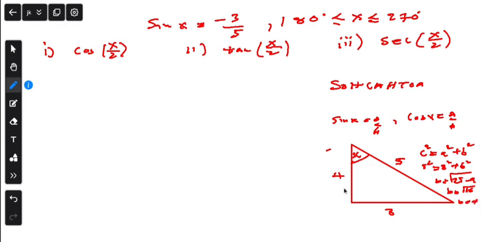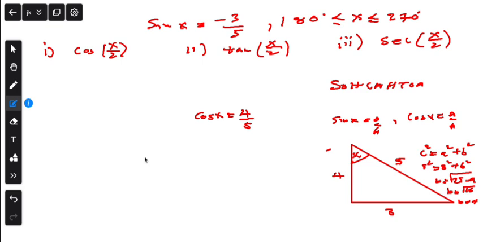So this is where this 4 is coming from. So from here, cos x is going to be equal to the adjacent, which is 4, over the hypotenuse, which is 5.